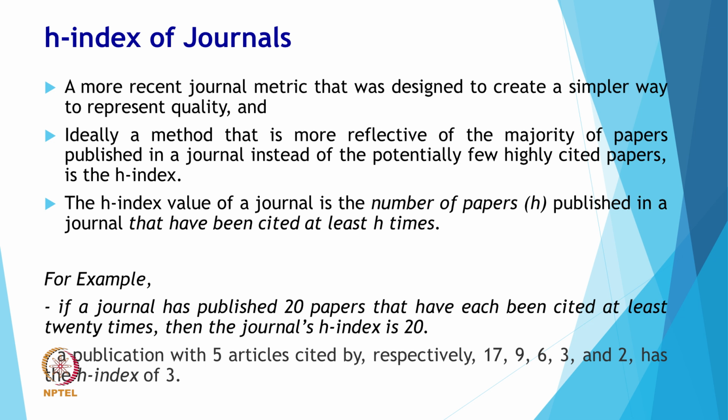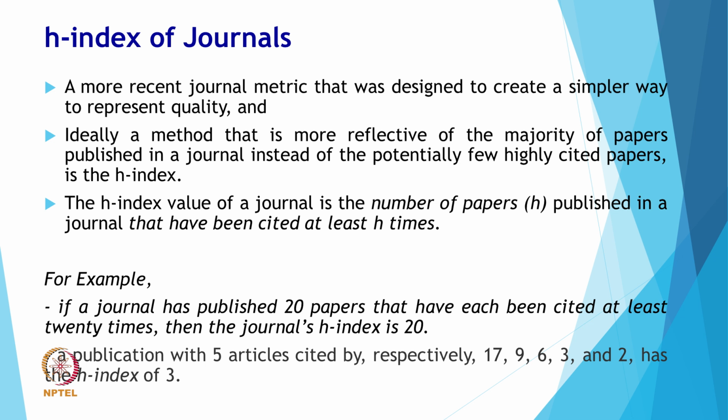So how can you find out the H-index of a journal? Simply, it can be defined as: the H-index value of a journal is the number of papers, which is H, published in a journal that have been cited at least H times. So this is the definition of the H-index of a journal.